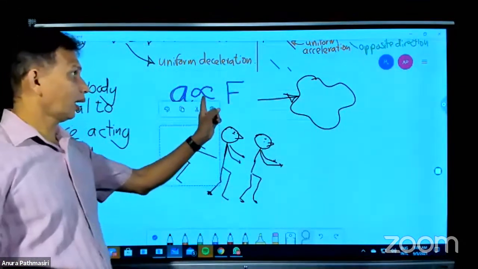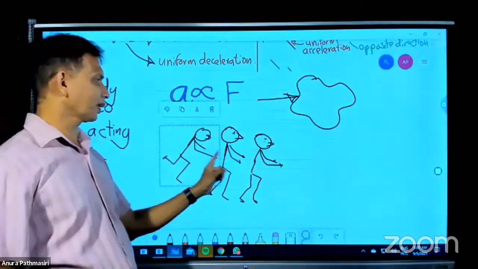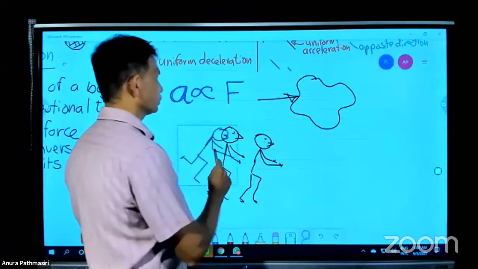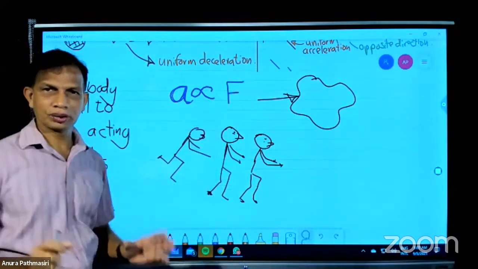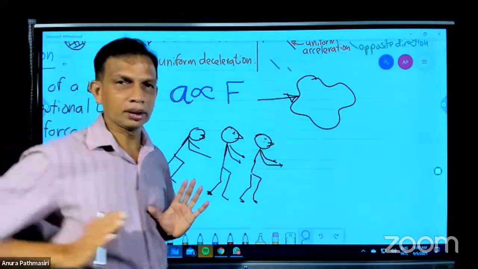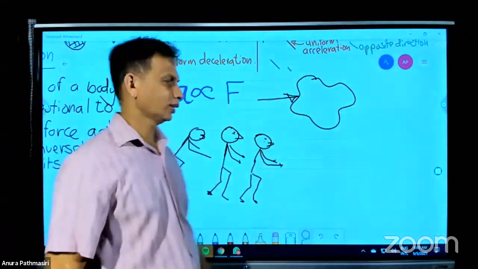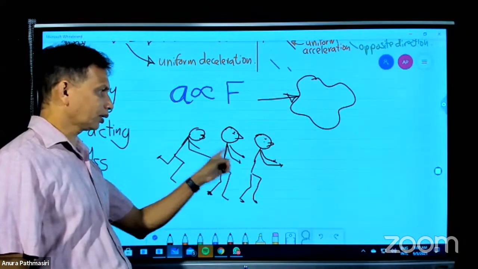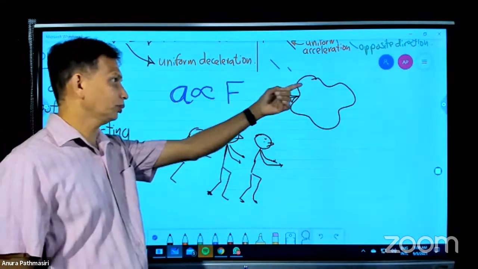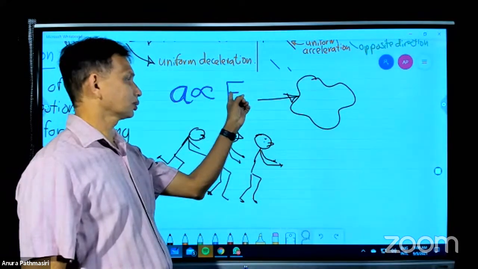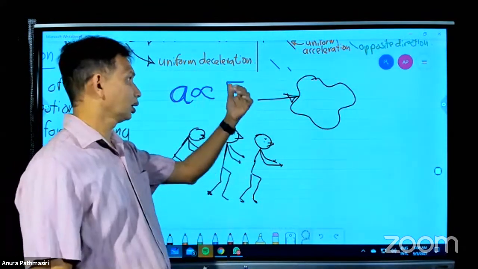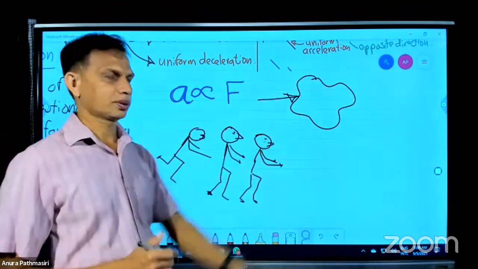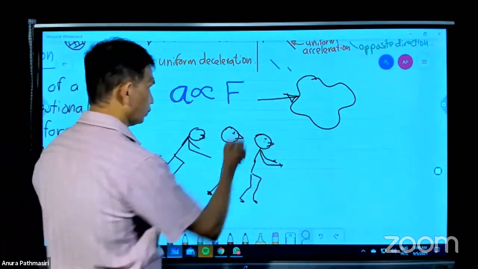Why? An unbalanced force is applied. This child applied an unbalanced force on your body. As a result, you suddenly moved forward. So the unbalanced force from the moving object was exerted on you, so you move. Acceleration depends on the unbalanced force. So this is the force here.